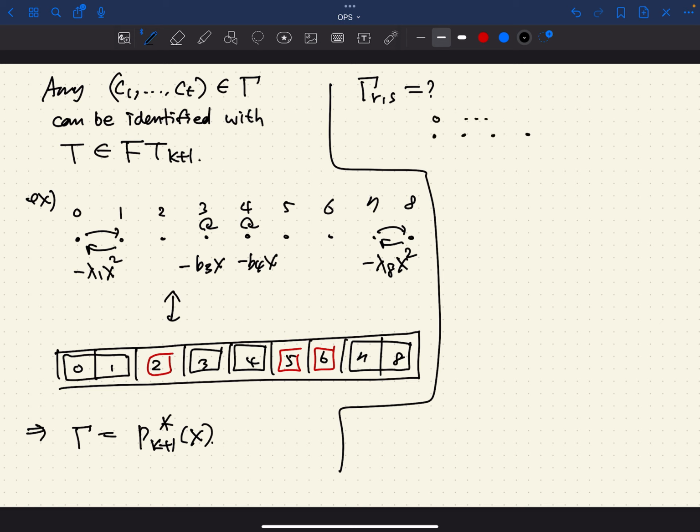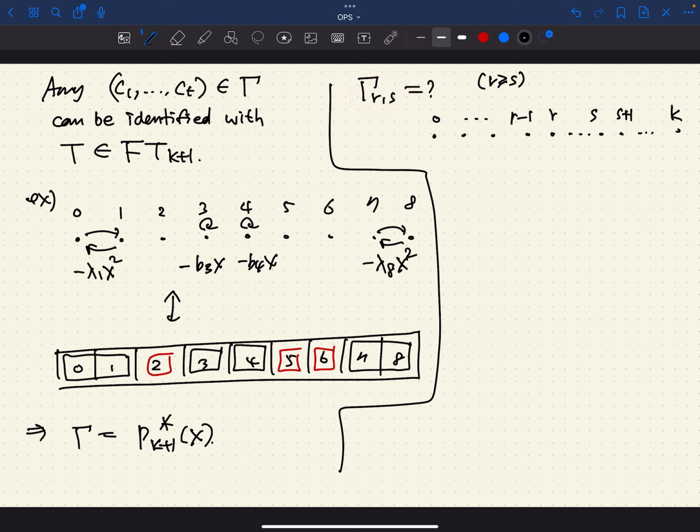Okay, so 0, r minus 1, r, s, s plus 1, k. Let's imagine that r is greater than or equal to s, so that we have arrangements of r and s like this. We must have a path from r to s, but it's self-avoiding.